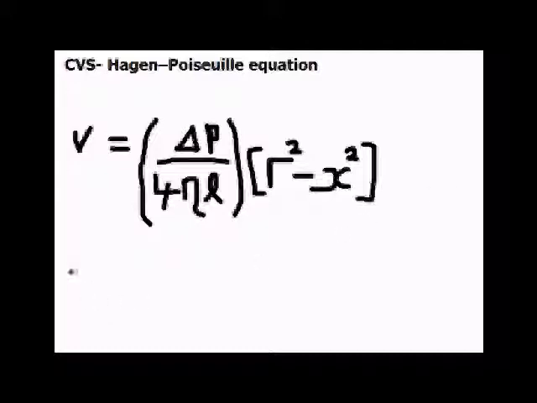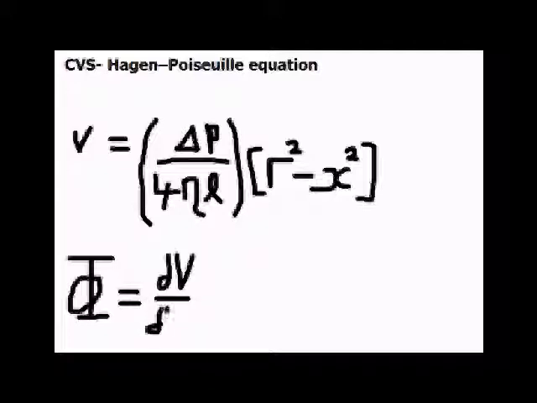Now, as I mentioned before, flux or volume or the flow is equal to change in volume per change in time, and that, as I mentioned before, is equal to, at any given time, the viscosity multiplied by the area.